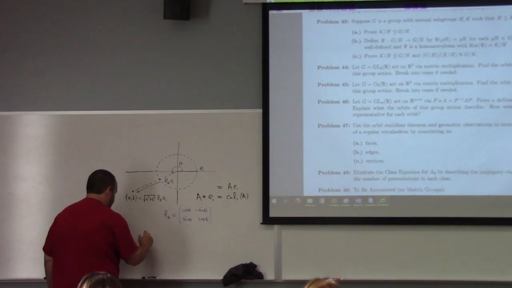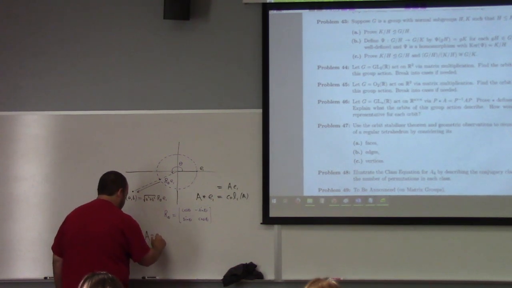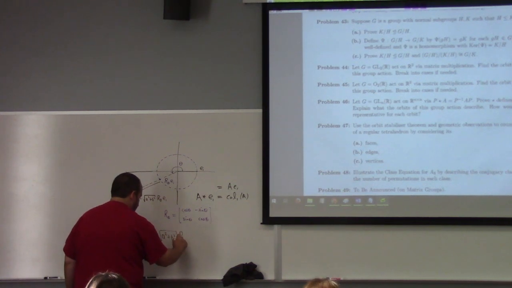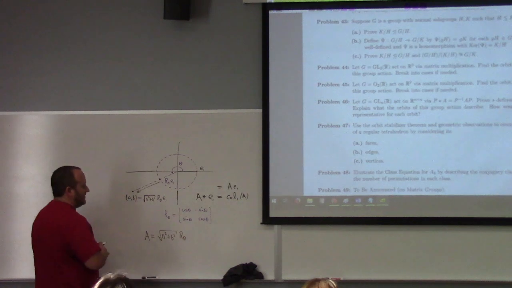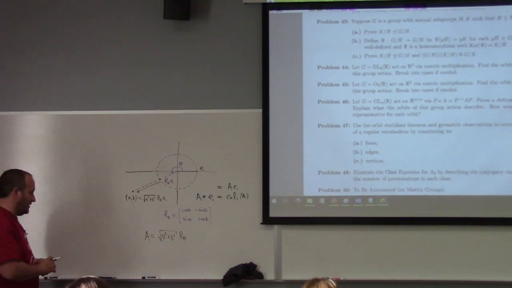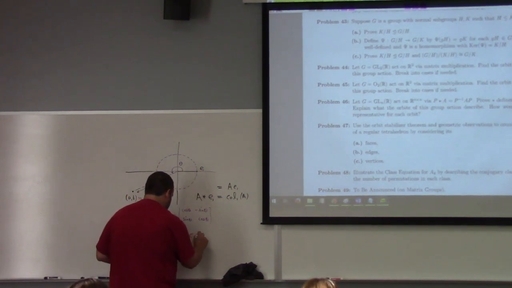So my claim is that if we set A equal to the square root of a squared plus b squared times the rotation by the angle theta, where theta is the standard angle of (a, b) as a point, then that matrix is invertible, as long as a and b are non-zero, as long as (a, b) is not the origin. Do you agree? This is an element of GL2.